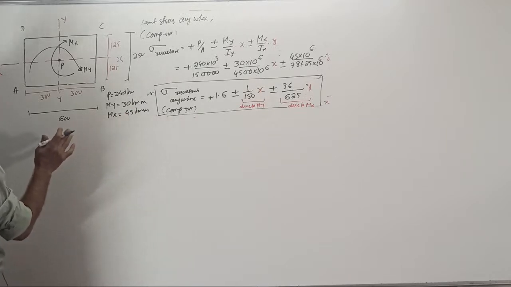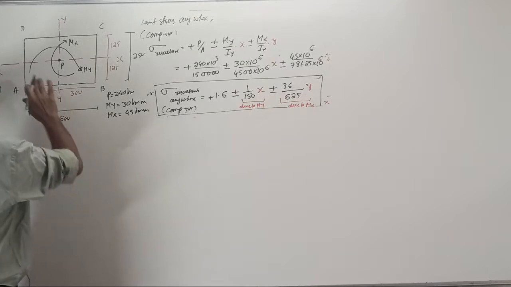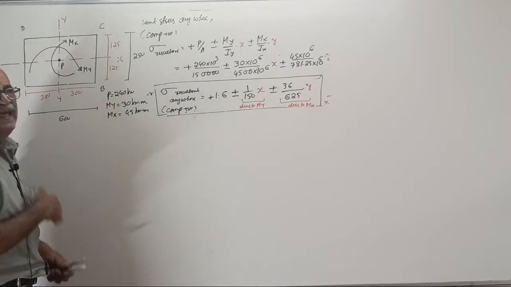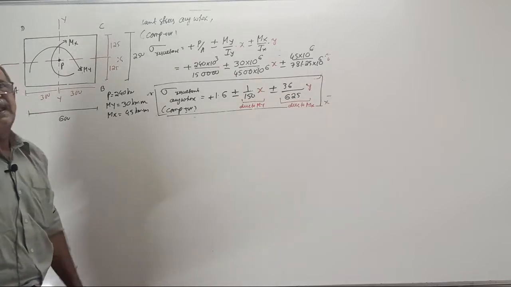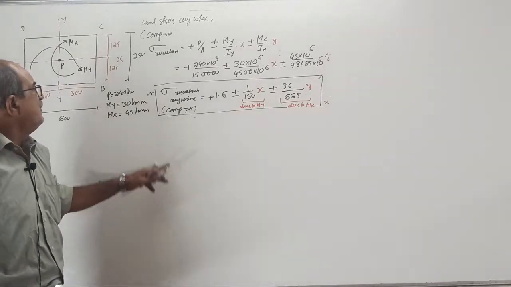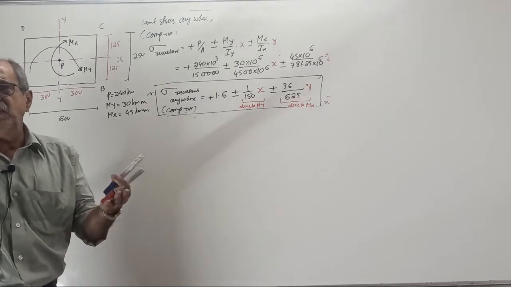No. Moment about Y is not 30. I think there is some mistake there. See correctly, I think there is some substitution mistake. You were not told; this is your responsibility. If any problem comes later because of the interchanging, it is your responsibility.